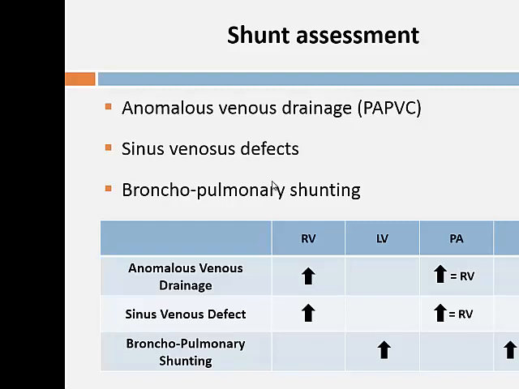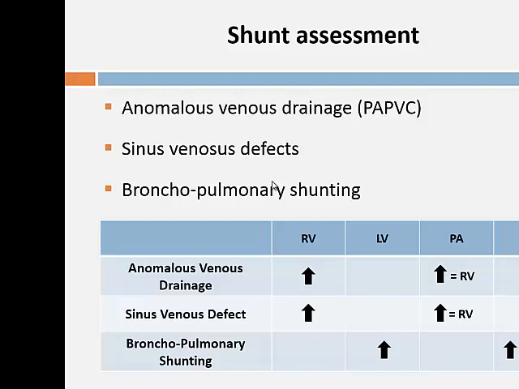The bronchial arteries then have to feed back into the pulmonary veins, because that's the normal drainage system of the lungs, which then makes it back into the left atrium and to the left heart. So that blood effectively stays on the left side, never makes it onto the right side. Whereas anomalous venous drainage is the exact opposite. Instead of pulmonary vein drainage going back into the left heart, it drains back into the right, so that stays in the right circulation. So they're equal and opposite if you think about it. Okay, and that can be quite helpful.